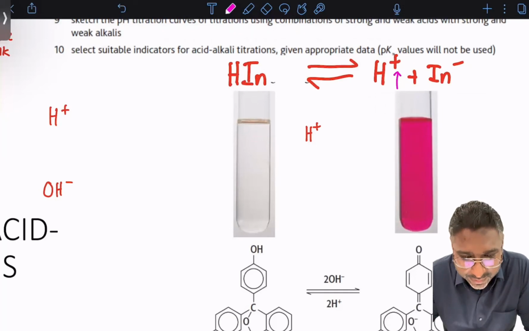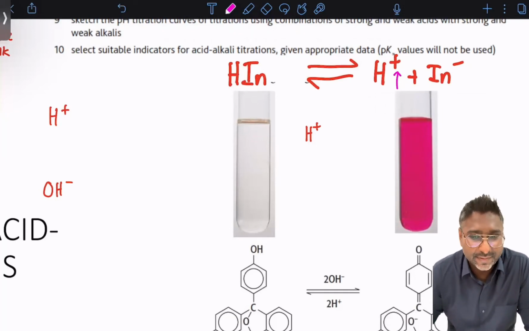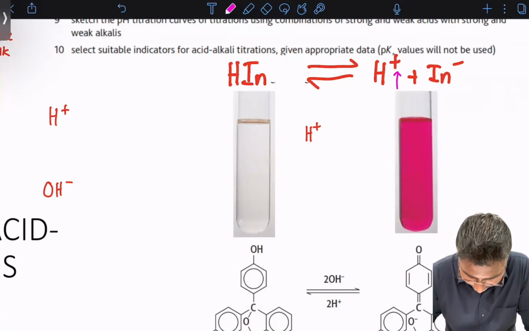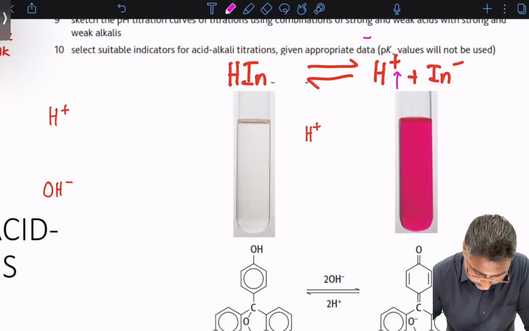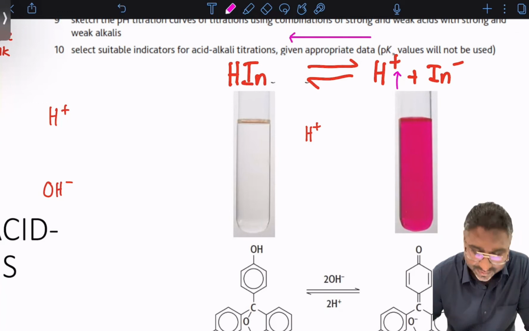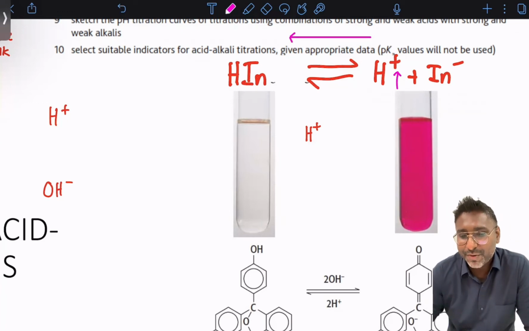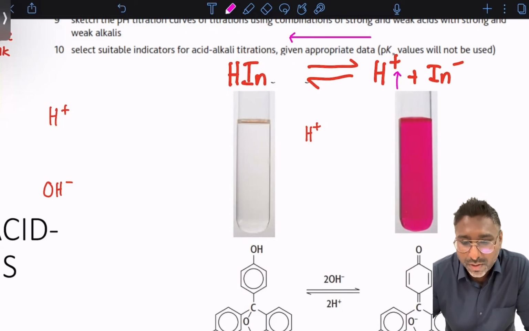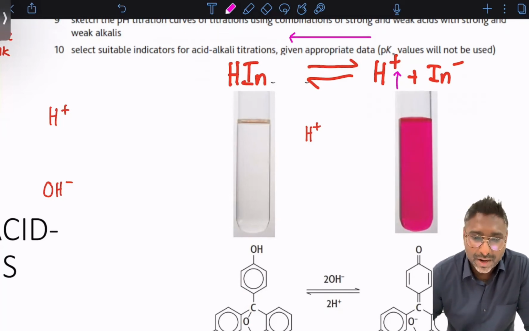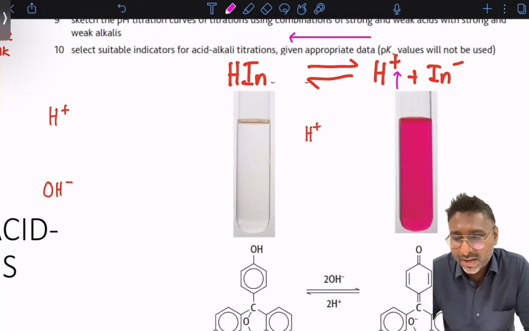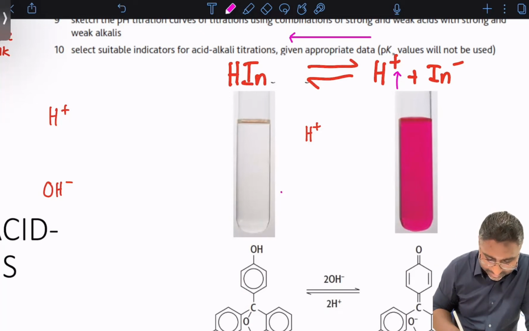According to Le Chatelier's principle, you need to decrease the H+. How do you decrease the H+? The equilibrium shifts to the left. You have to use it up. So you are going to move towards the left, which is the colorless form.